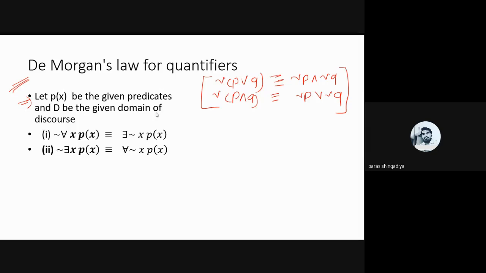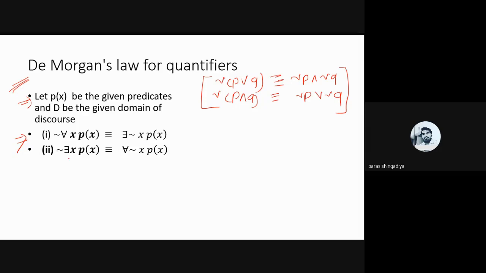Then the first statement of De Morgan's law is: the negation of "for every x, P(x)", where "for every x" means the universal quantifier, so the negation of the universal quantifier, is logically equivalent to "there exists x, negation P(x)". The symbol of the existential quantifier is there exists. So: negation of "for every x, P(x)" is logically equivalent to "there exists x, negation P(x)".